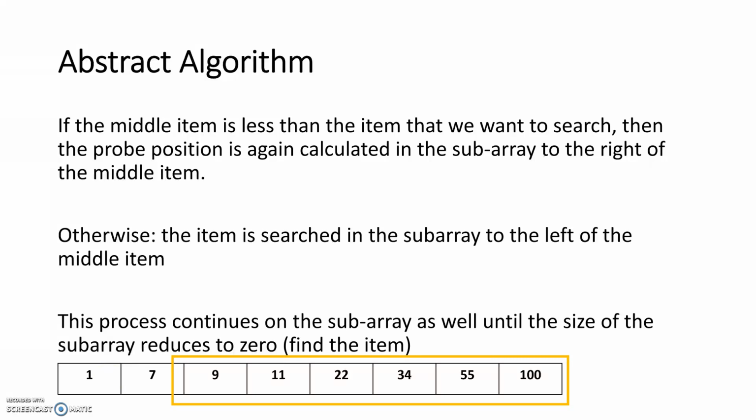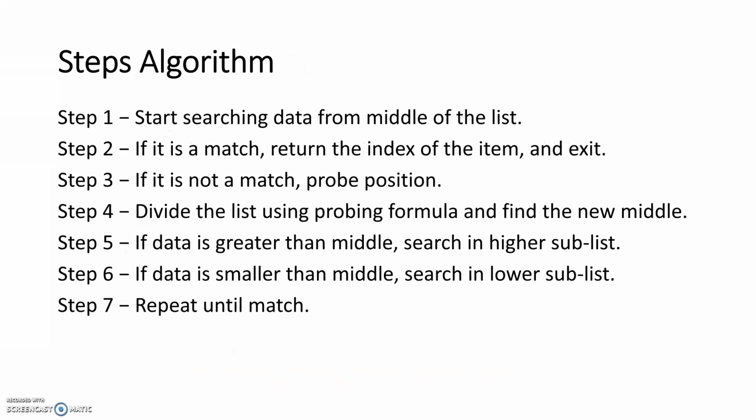I can summarize the abstract algorithm and convert it into a step-by-step algorithm. This is what you really want to follow when you do interpolation search. Step 1, start searching the data from the middle of the list. Step 2, if it's a match, return the index of the item. We're happy about that. But most of the time we have to continue on.